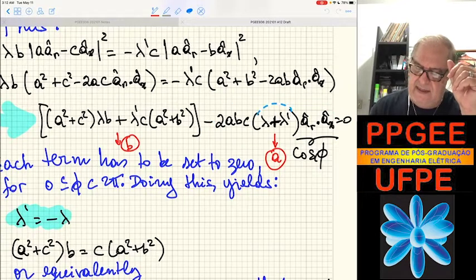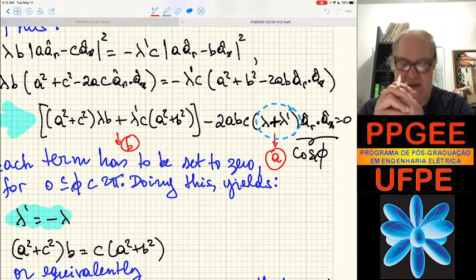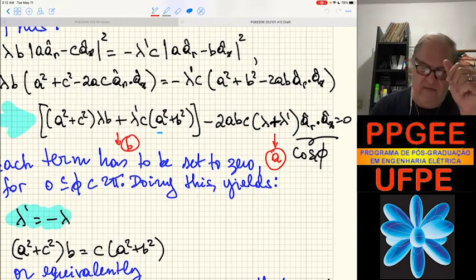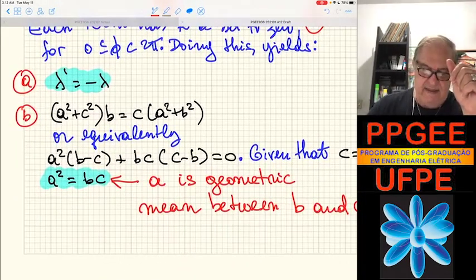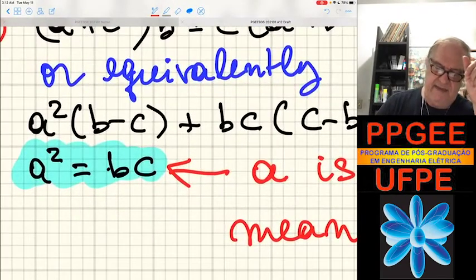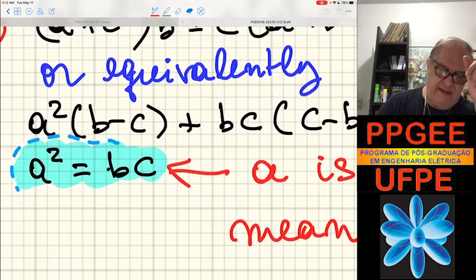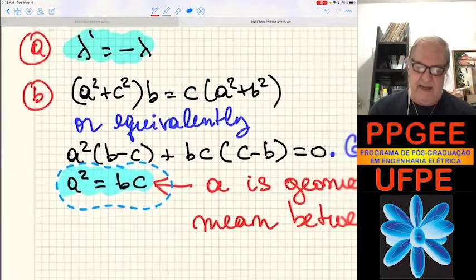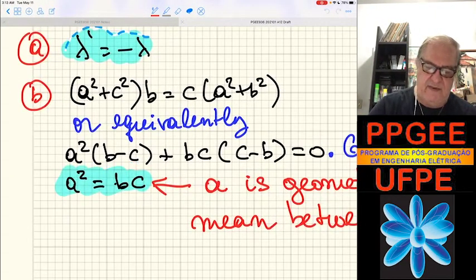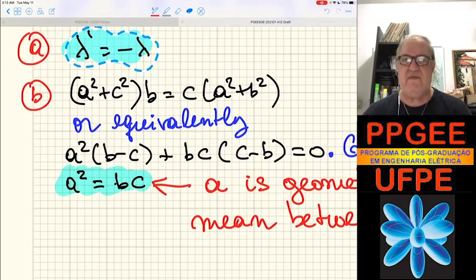Immediately we see that lambda prime has to be minus lambda. And if we play around with this thing here, we find again the same result. A is a geometric mean between B and C. And lambda prime equals to minus lambda. So then we solve the problem, right?